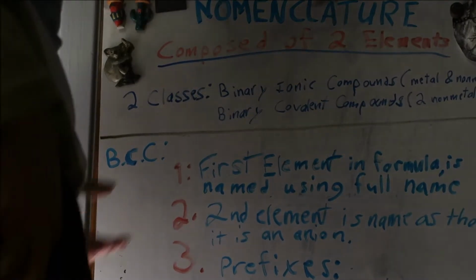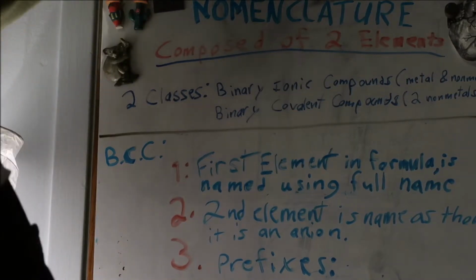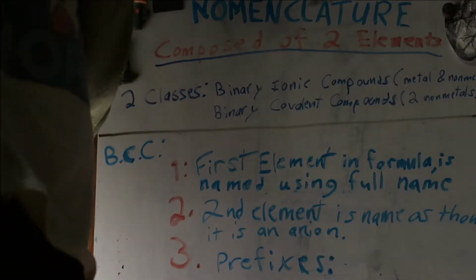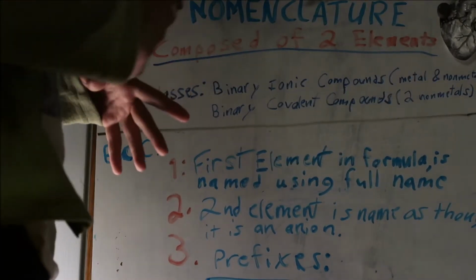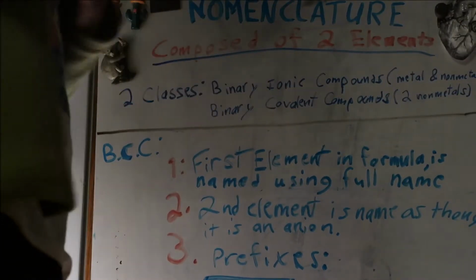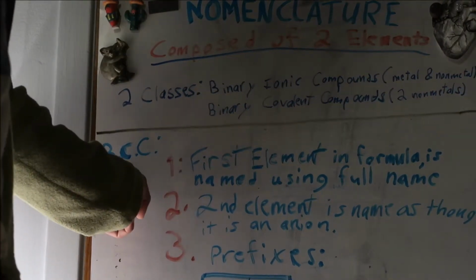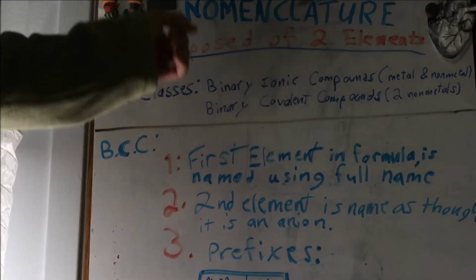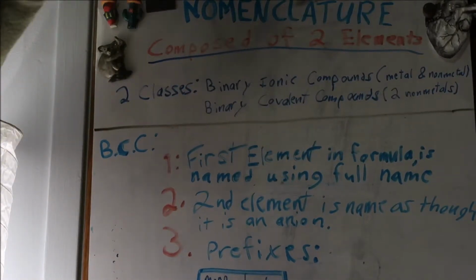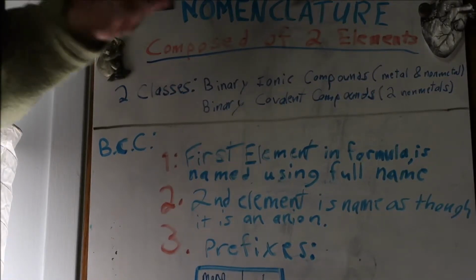Alright, so now we'll talk about binary covalent compounds, which basically means that there's two nonmetals. And like I said earlier, nonmetals are generally on the right side of the periodic table. So the first step to naming a covalent compound is that the first element in the formula is named using its full name.